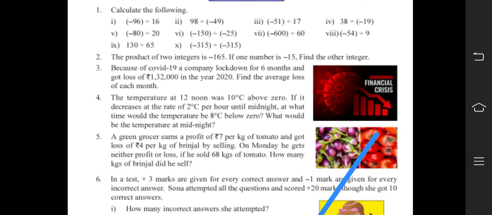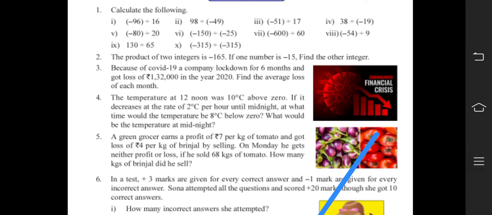There is neither profit nor loss on Monday. On Monday there is no profit and loss. So therefore, profit equal to loss. Both are the same.